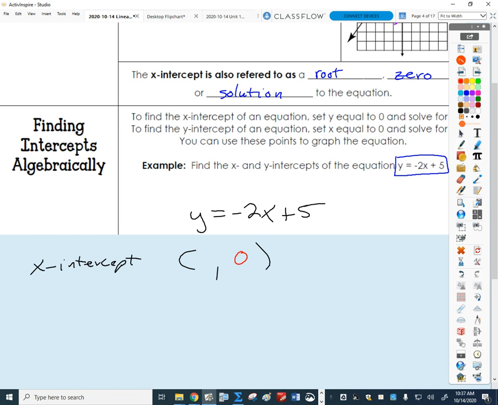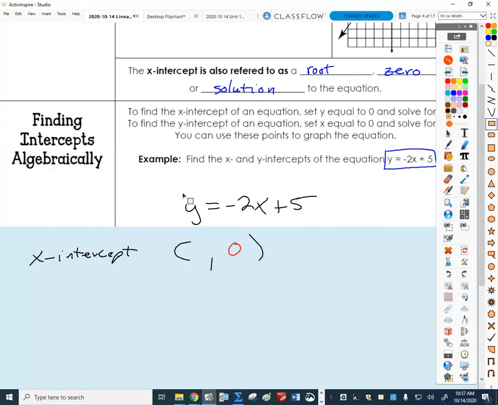So all I've got to do is cover up the y and solve for x, and I can do it in my head, right? You see the trick there? By setting that equal to 0, it just goes away. I can just accomplish that by covering it up and isolating x. Pretty slick, right? So you can do that in your head.